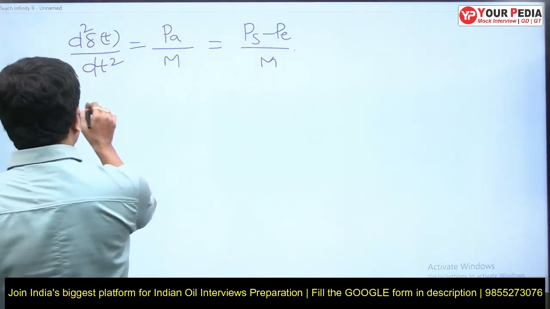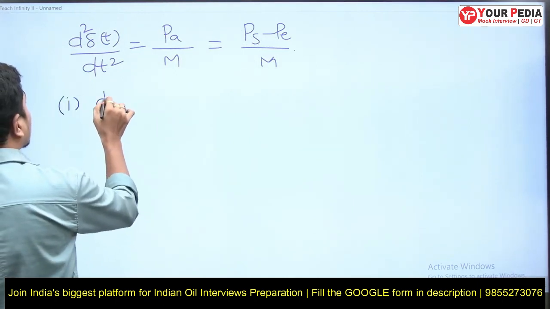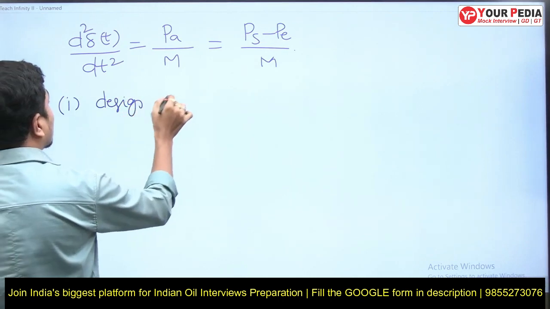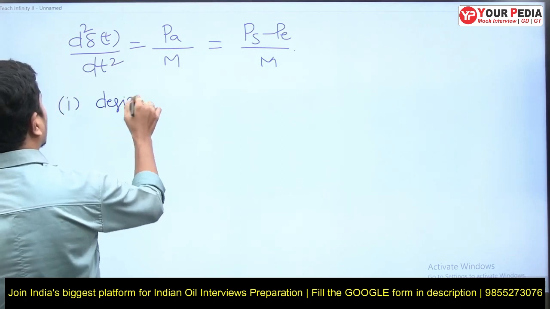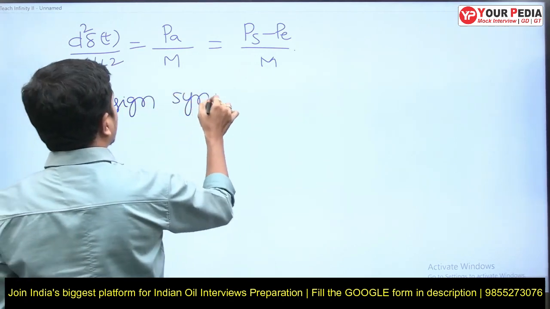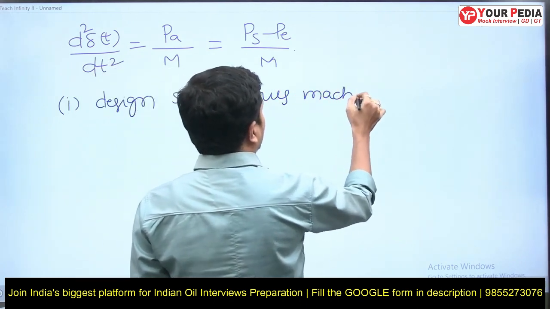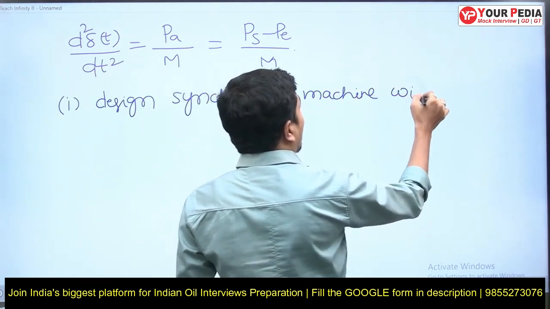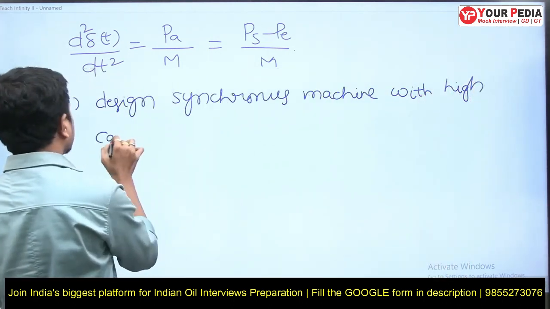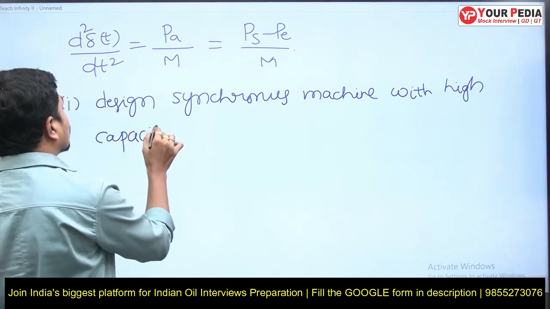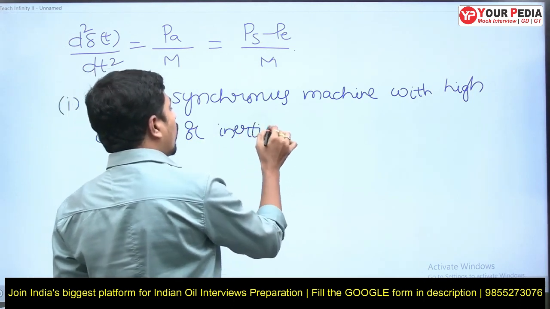Now the first method to improve transient stability is to design a synchronous machine with high capacity or inertia. What is the advantage?